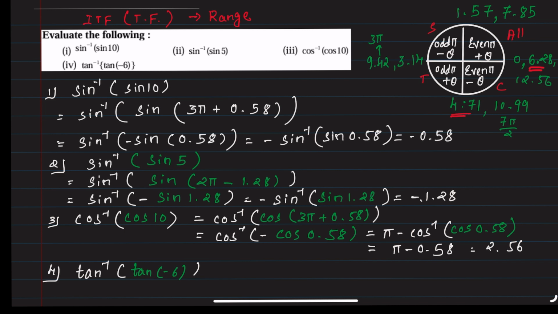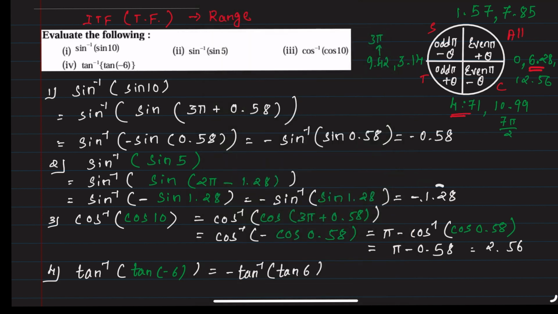Tan inverse of tan of minus 6. Tan of minus theta is equal to minus tan theta. So first we can take the minus outside, minus tan inverse of tan of 6. Now 6 lies between again 4.71 to 6.28, fourth quadrant.